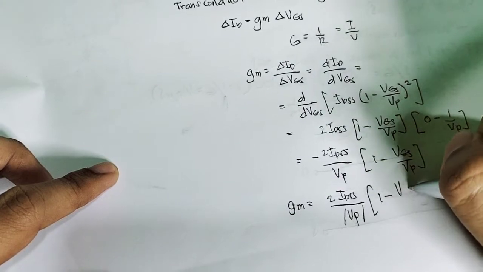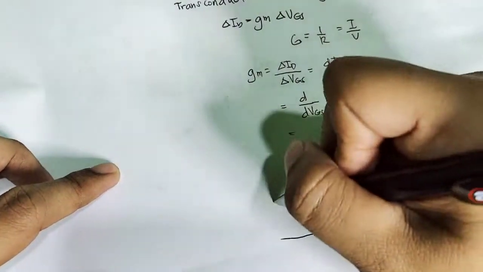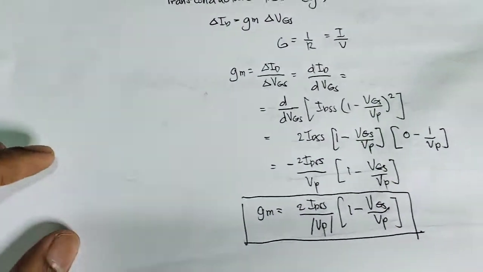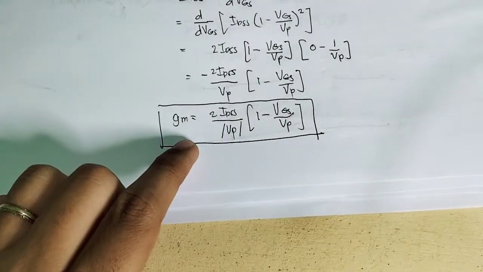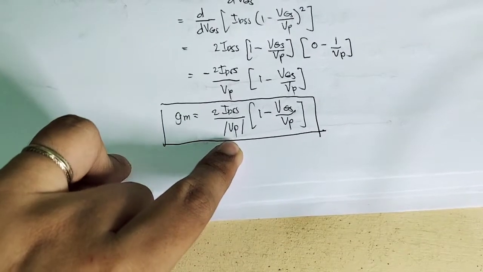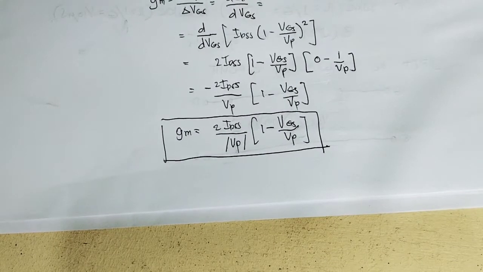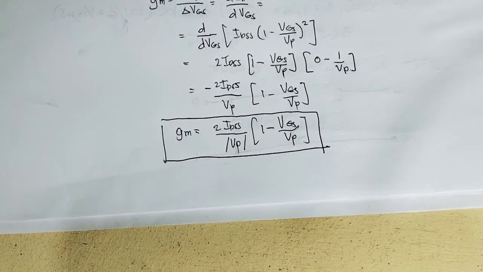The transconductance formula: g sub m equals 2 I sub DSS divided by the magnitude of the pinch-off voltage V sub P, times (1 minus V sub GS over V sub P).